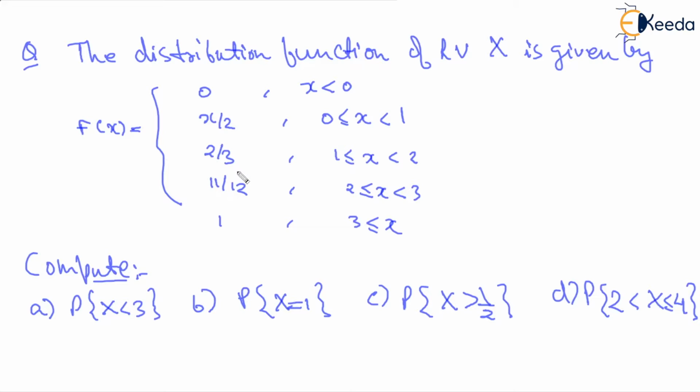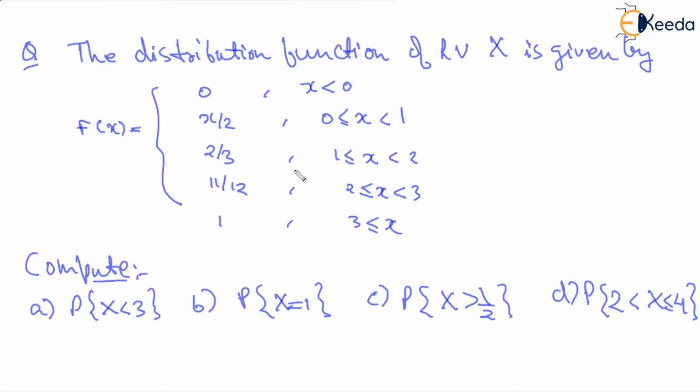For x less than 0 the distribution is 0, which means we don't have any random variable less than 0. And up to 1, this is going to be x by 2, which is continuous. It is increasing continuously.